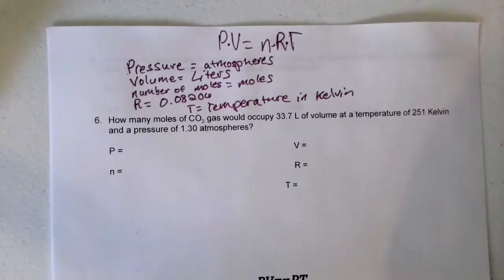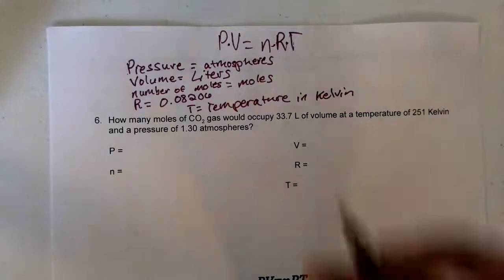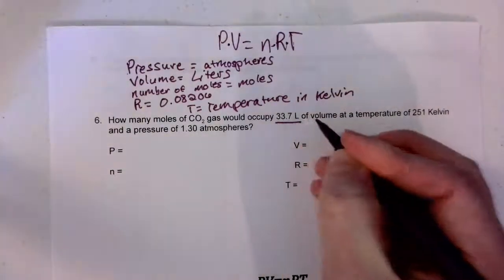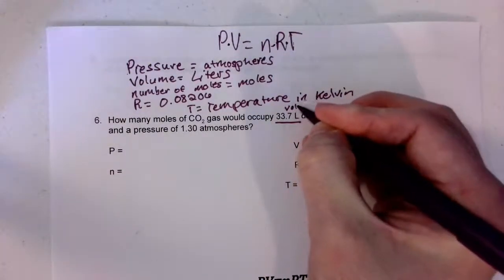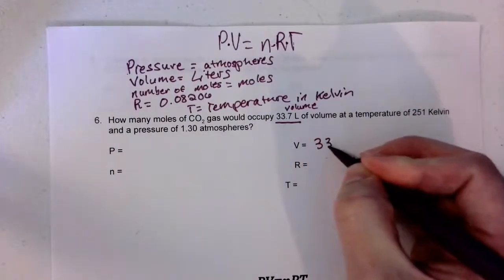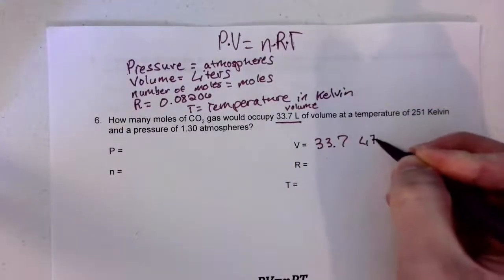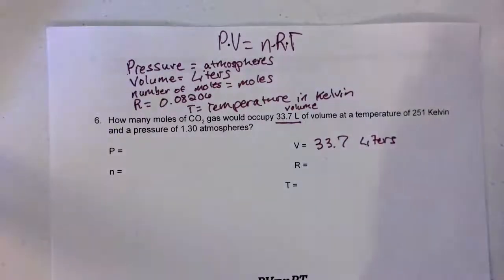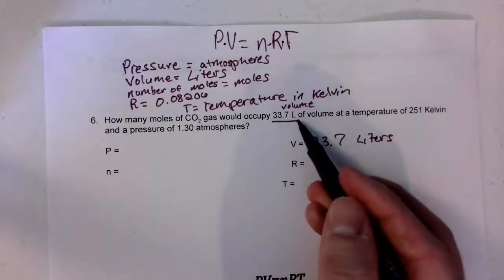Let's do number 6. It says, how many moles of CO2 gas would occupy 33.7 liters of volume at a temperature of 251 Kelvin and a pressure of 1.30 atmospheres? The liters are your volume, so I'm going to fill in 33.7 liters for V. How did you know that was liters?